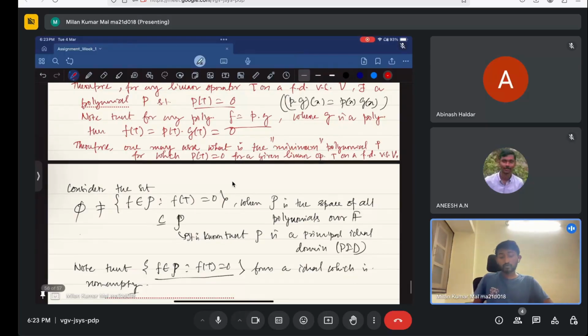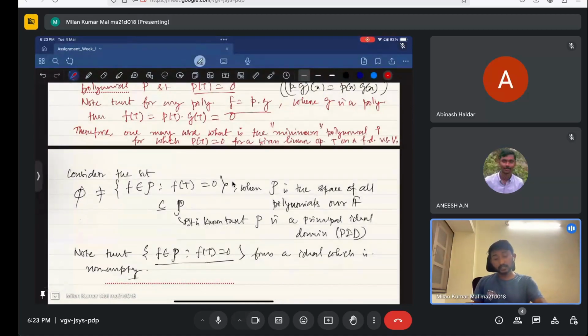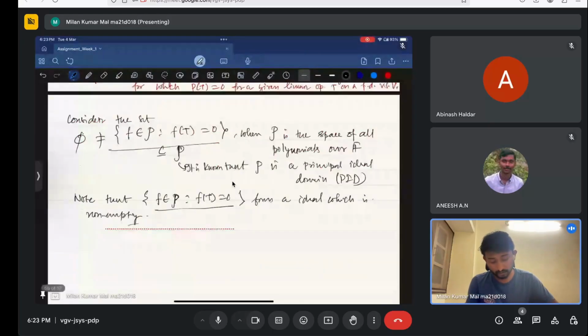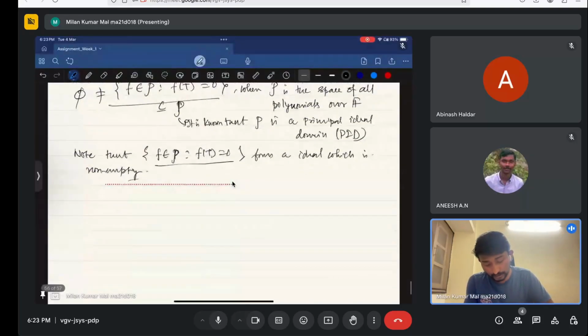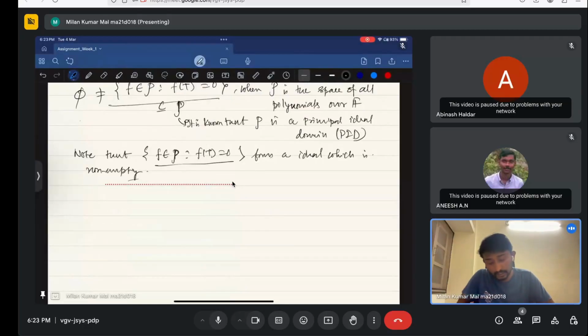Now to answer this question, let's consider all the polynomials f for which f(T) equals 0, and we are saying that this will form an ideal, and this will be non-empty. So therefore there should exist a polynomial which will generate this full ideal.